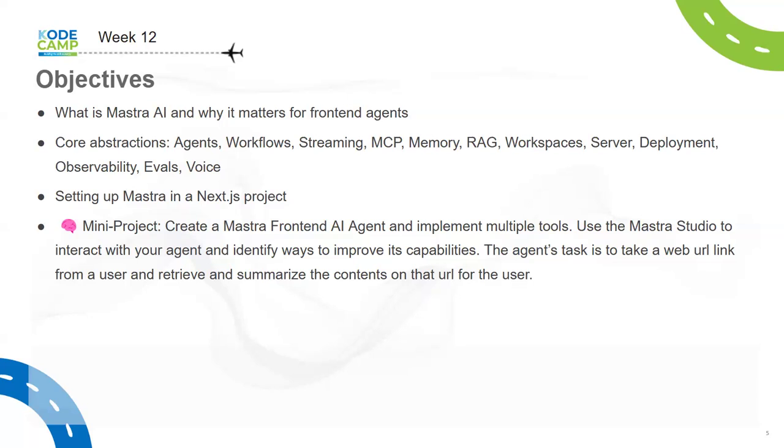Workspaces is a new concept brought in by Mastra. Workspaces allow you to constrain your entire ecosystem of agents and tools into a single space that is kind of sandboxed. And so that way you can restrict access and things like that.